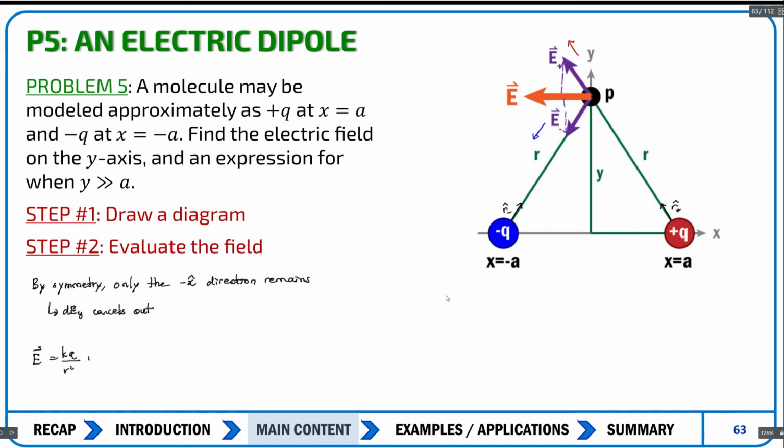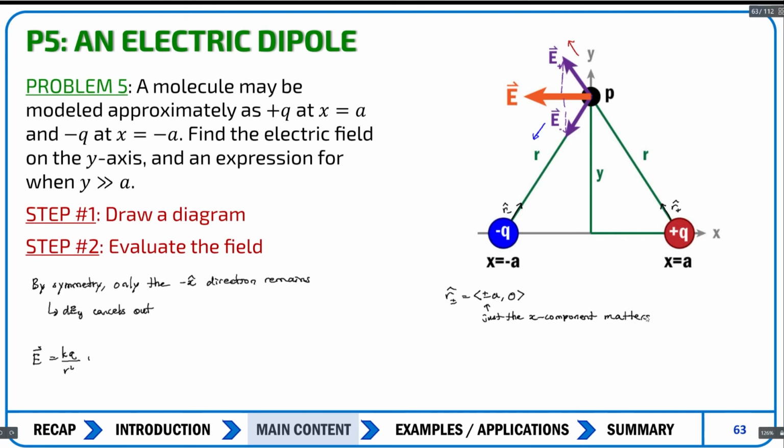We know that r plus or minus is essentially equal to plus or minus a, and then 0 as the y component, because the y component just cancels out. So therefore only the x component matters.